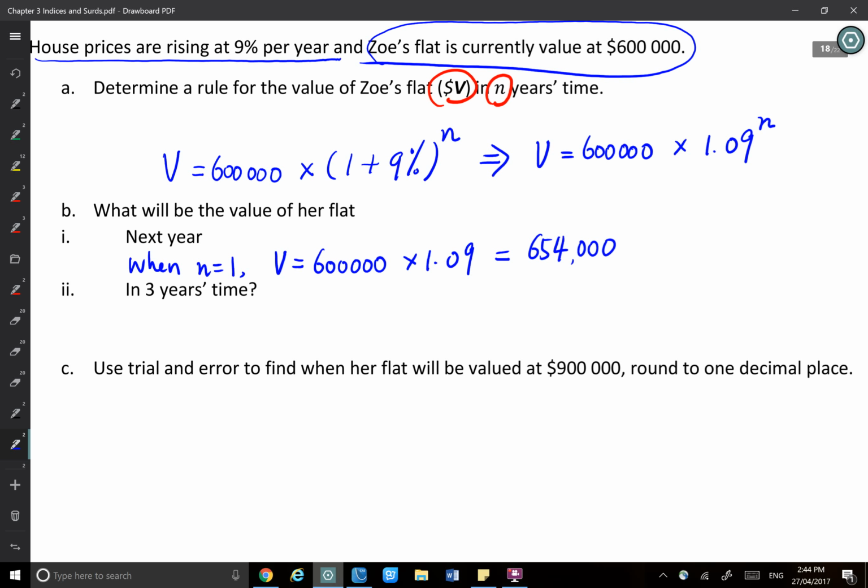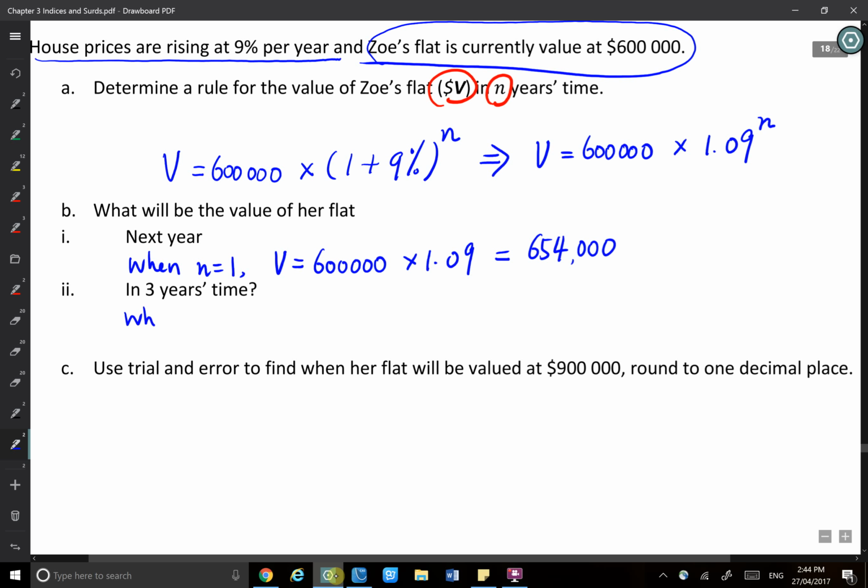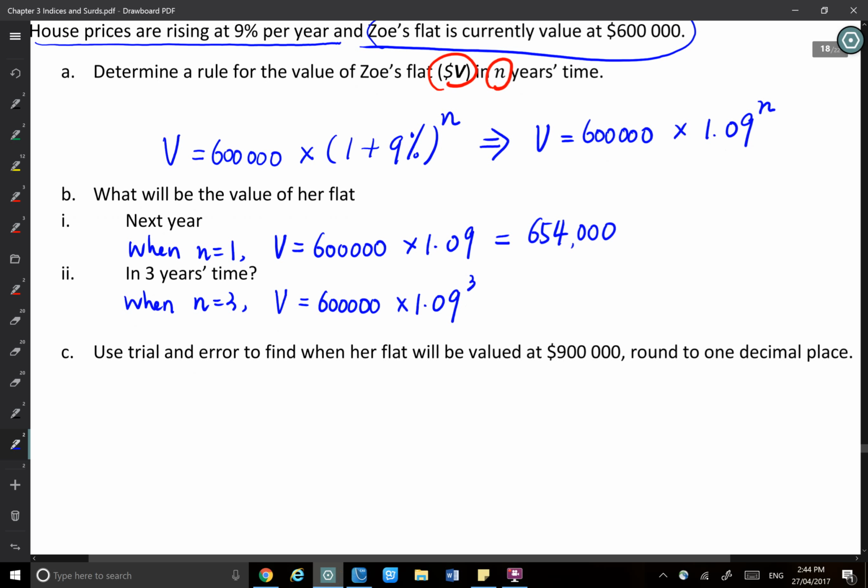That's after 1 year. And in 3 years time, when n equals 3, V equals that times 1.09 to the power of 3.